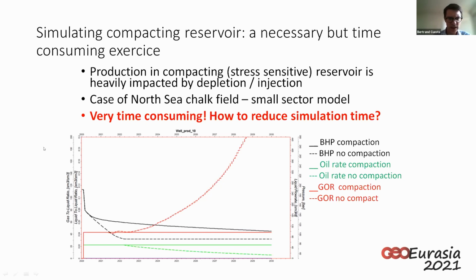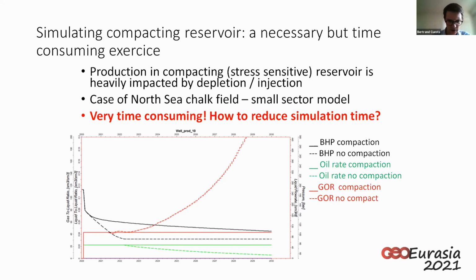Here on this slide, what you see is a case of a synthetic field which is derived from a North Sea chalk field. In the North Sea, there are a lot of chalk fields which are very soft compacting formations. And what you see here is the typical production profile of a well.